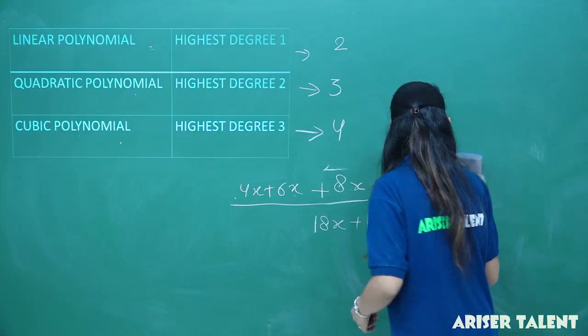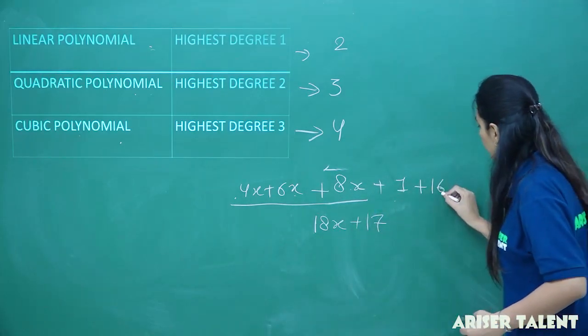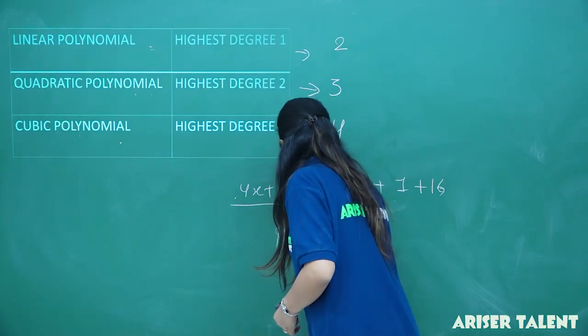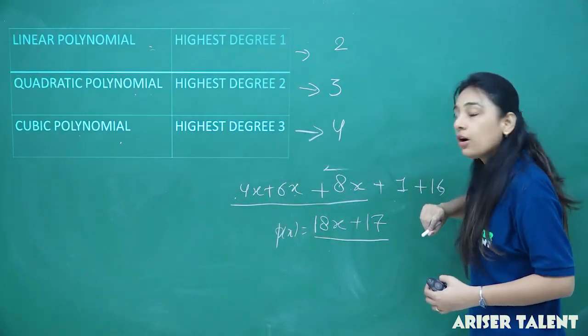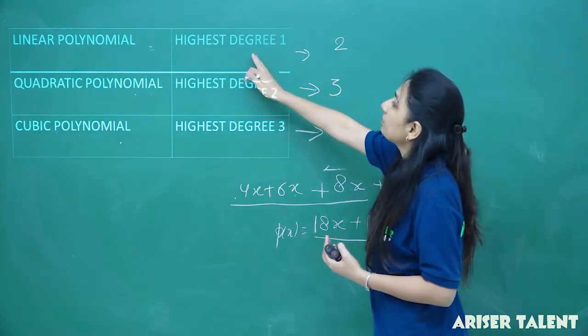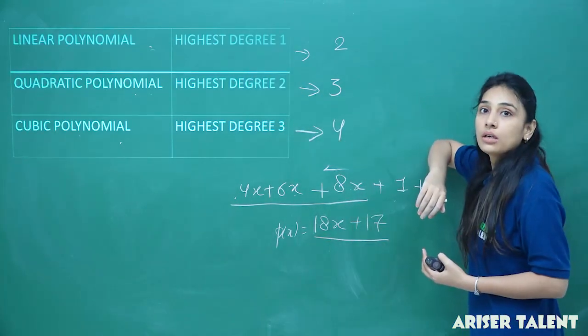Okay. So this polynomial has only 2 terms because it is a linear polynomial.